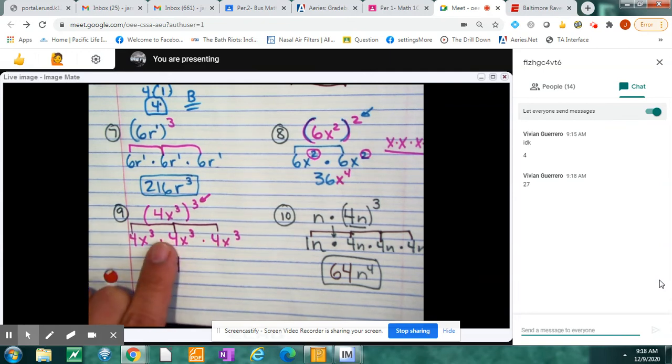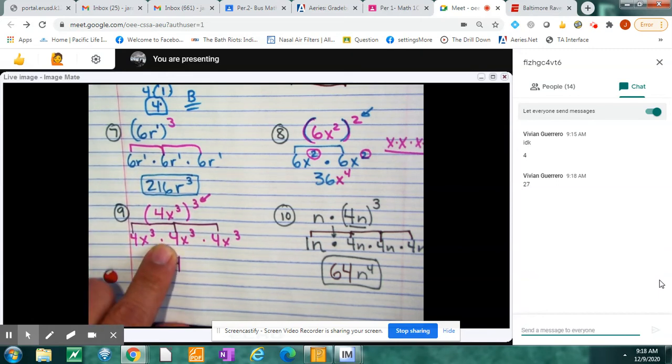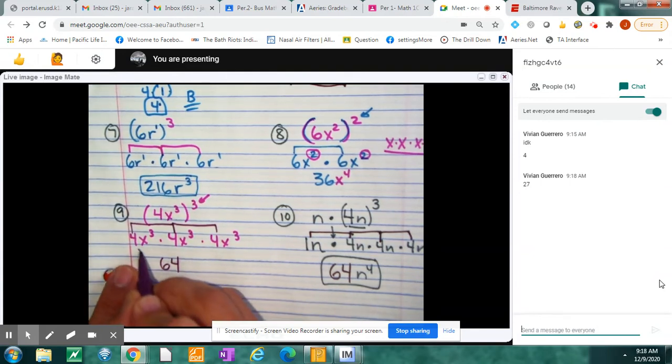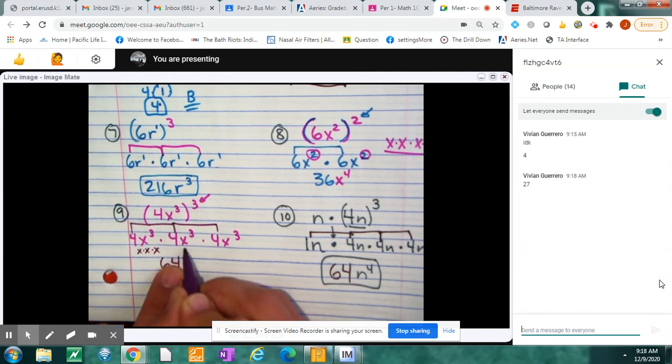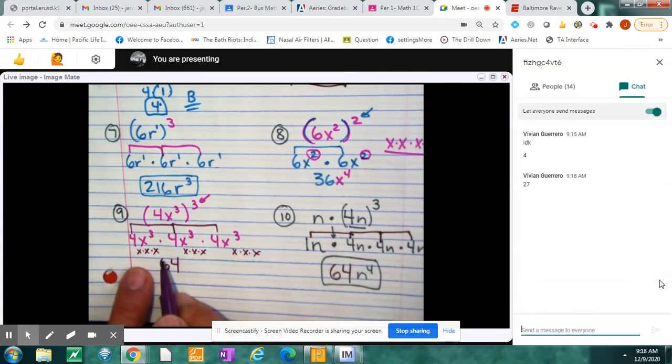So remember, don't look at the times. X cubed is x times x times x, and then x cubed is x times x times x, and then here is x times x times x. Do I have 27 of them?